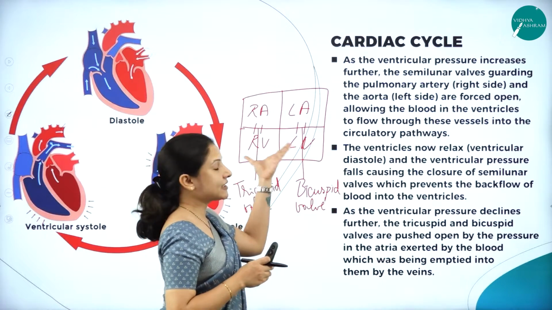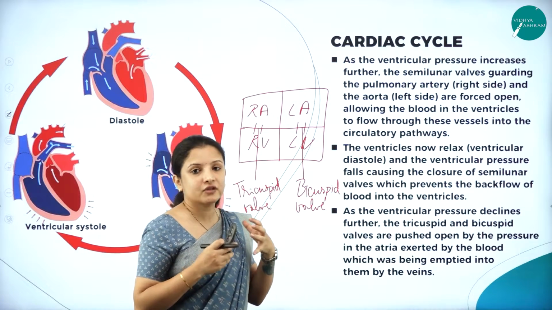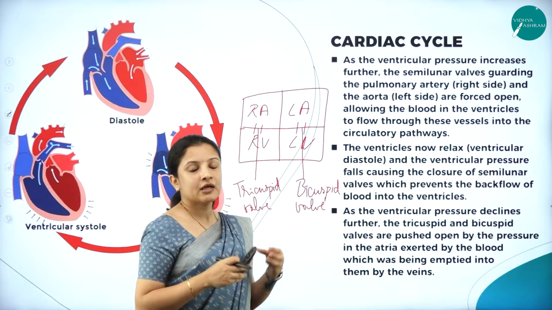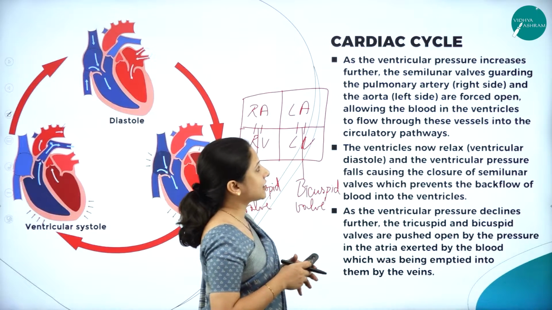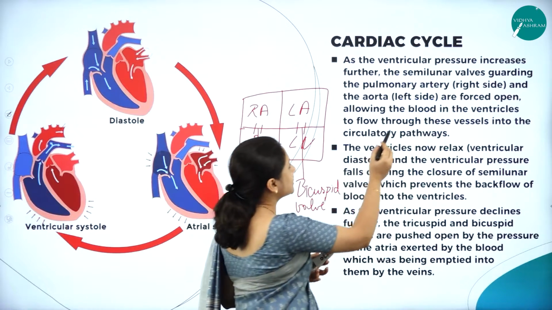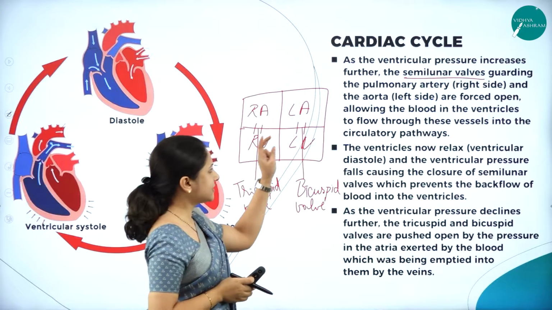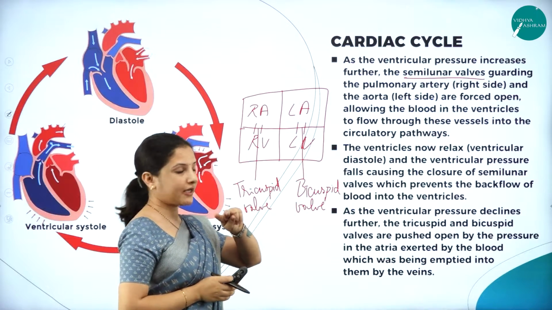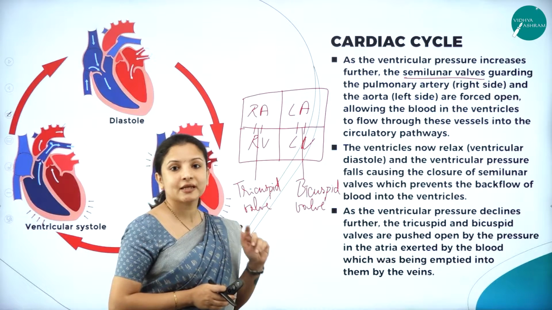Because the blood is there in the ventricular region of the heart, and the filling of blood in that ventricular part causes a pressure. As the ventricular pressure increases further, the semilunar valves come into action. You need to understand where the semilunar valves are present. So far we studied only two valves, the tricuspid and bicuspid. Now the semilunar valve comes into action.